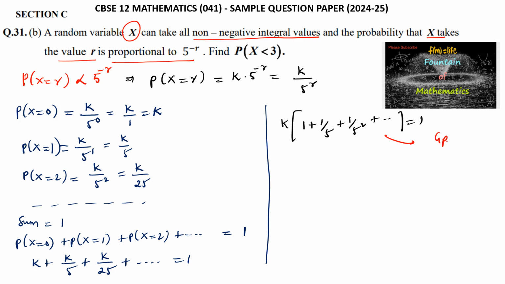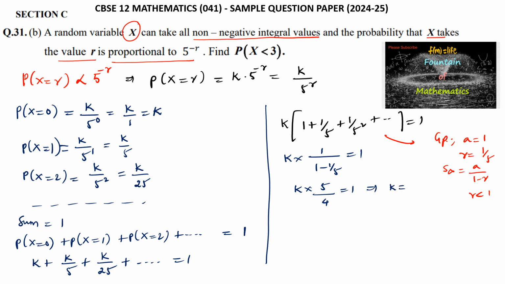This is a geometric progression with the first term a is equal to 1 and r is equal to 1 by 5, and we know that the sum to infinity formula is a upon 1 minus r. Here r is less than 1, so we can write k into 1 divided by 1 minus 1 by 5 is equal to 1, that is k into 5 divided by 5 minus 1 is 4 is equal to 1. So we got the value of k as 4 divided by 5.